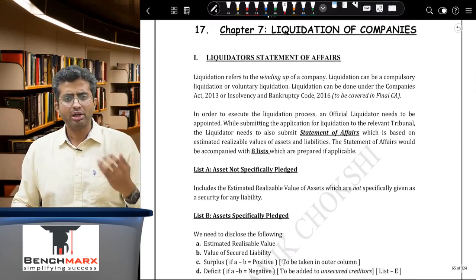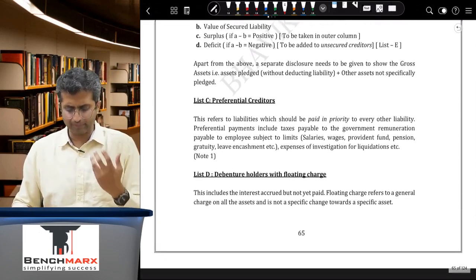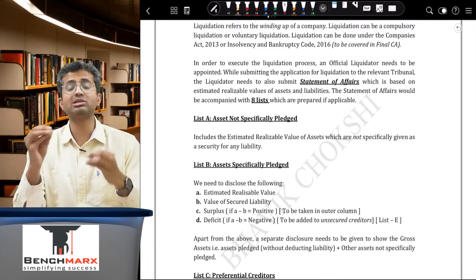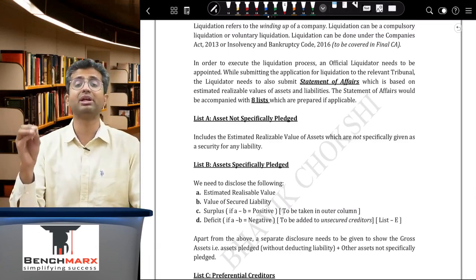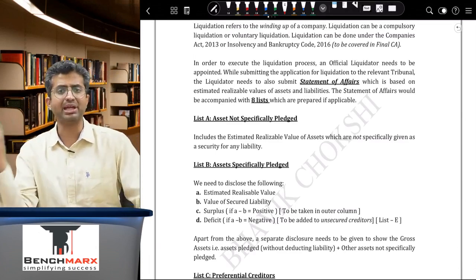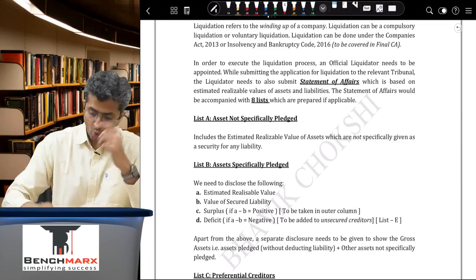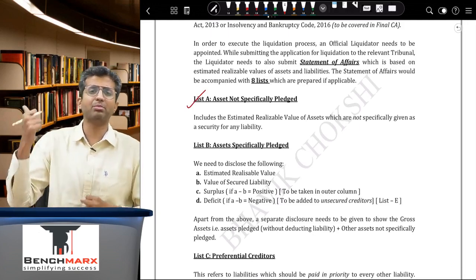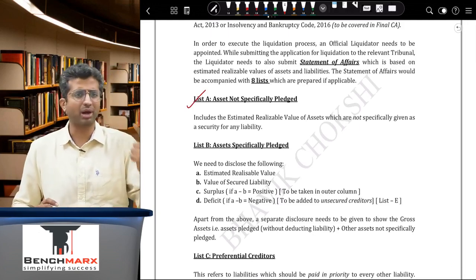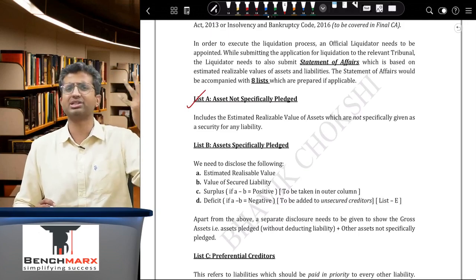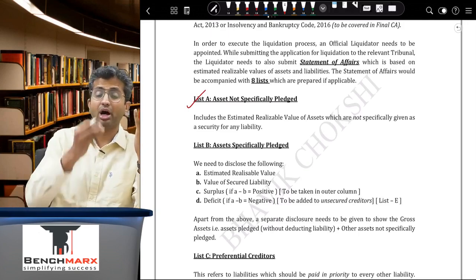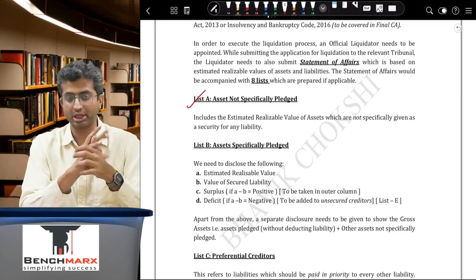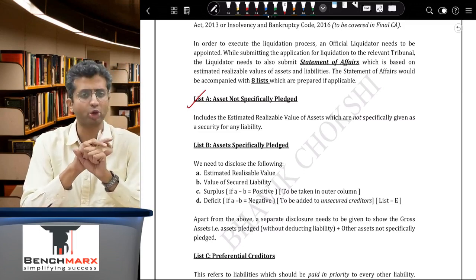So the list that we will look at over here is list A, which comprises assets which are not specifically pledged. ASNP, assets not specifically pledged. What is covered in these assets? For example, the company's assets might comprise land and building, plant and machinery, stock, debtors and cash. However, this land and building has been given on a mortgage or as a security for a loan.